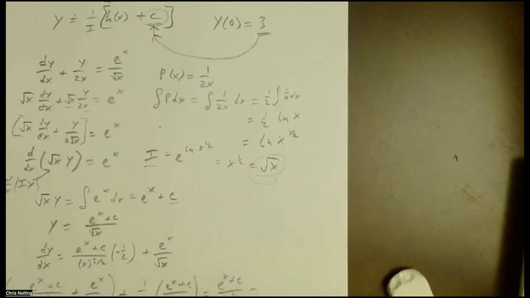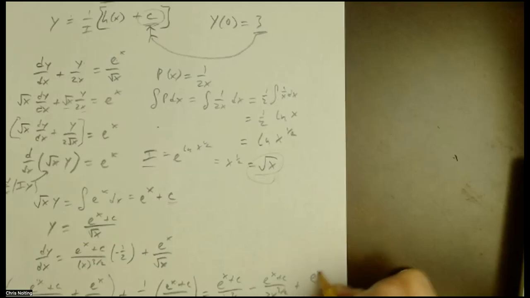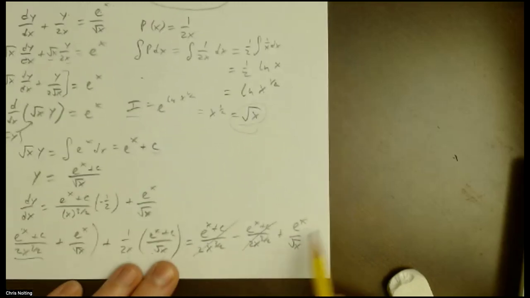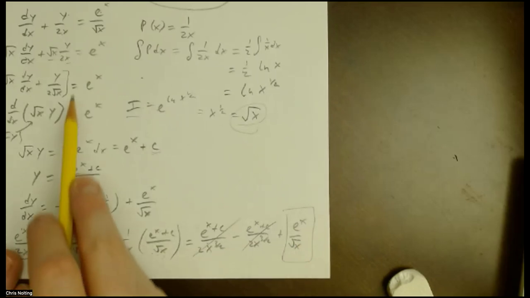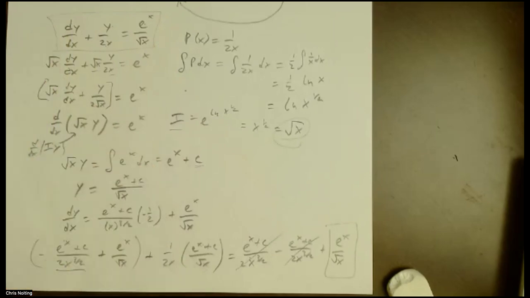And then we'd have minus exactly the same term, e to the x plus c over 2 x to the 3 halves, plus e to the x over root x. These two terms cancel exactly. Sorry, I'm doing this all a little off camera. What we're left with is e to the x over root x, which is what our original differential equation tells us it should be. Cool, so that all works well.